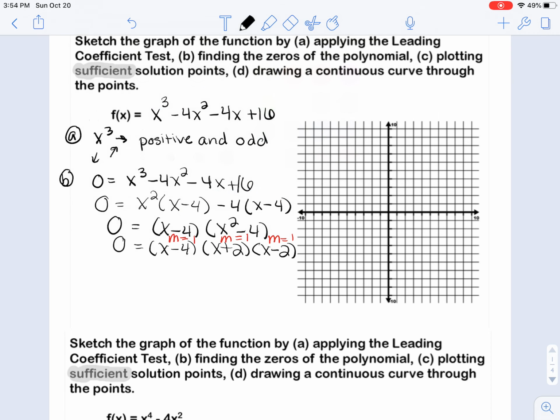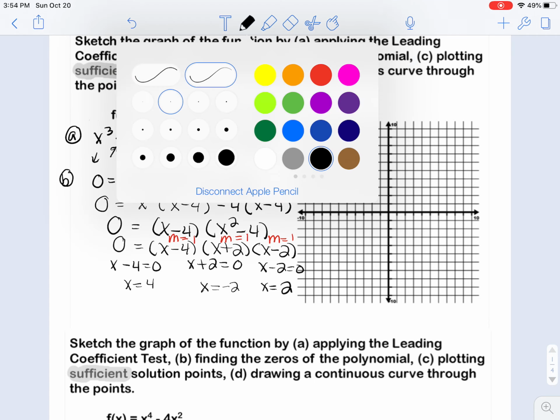So then my 3 zeros would be: x minus 4 equals 0, x plus 2 equals 0, x minus 2 equals 0. So I would have x equals 4, x equals negative 2, and x equals 2. Okay? All right, so let's plot these points.